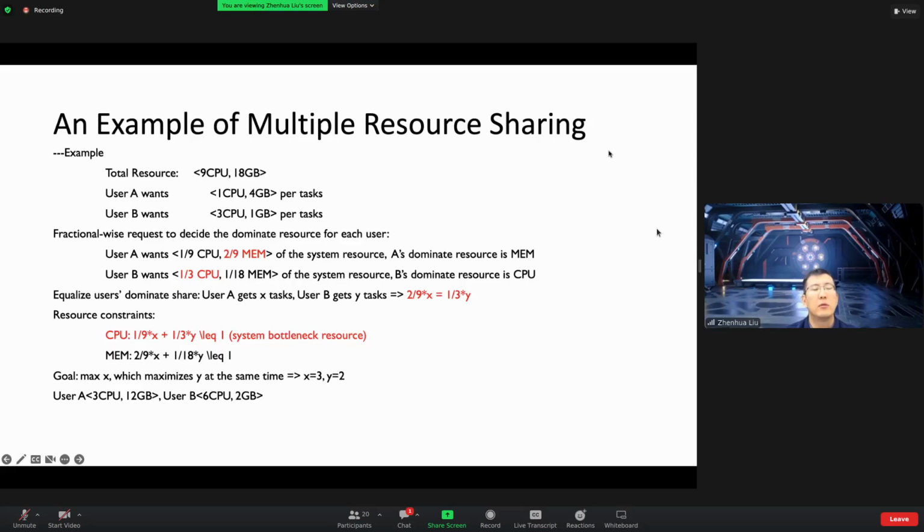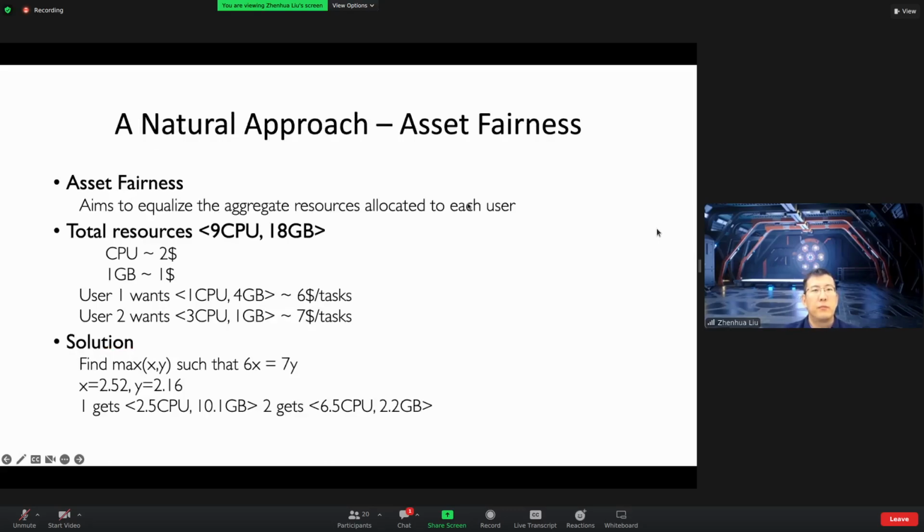Okay, so hopefully you all get how to do this one, because this will be asked in the next quiz. Actually, the second quiz. Right, so there are other ways to do the allocation, right?